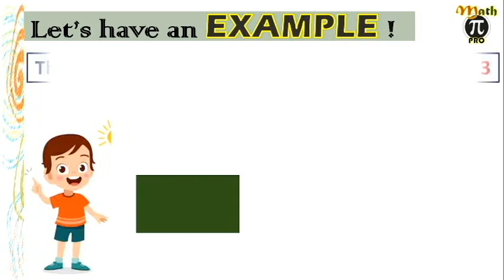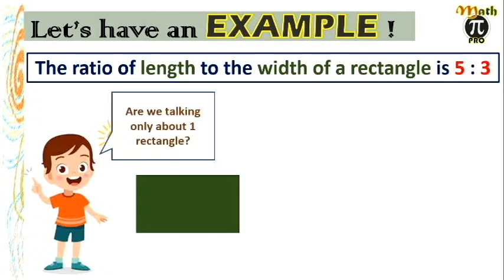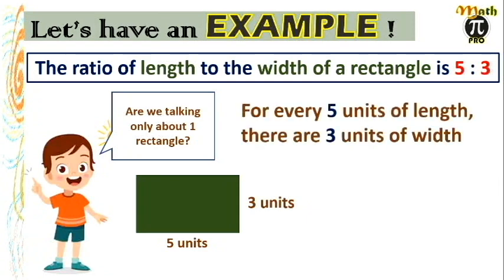Let's have another example. The ratio of length to the width of a rectangle is 5:3. Are we talking only about one rectangle with a length of 5 units and a width of 3 units? Of course not. Again, the ratio of 5:3 means that for every 5 units of length, there are 3 units of width.